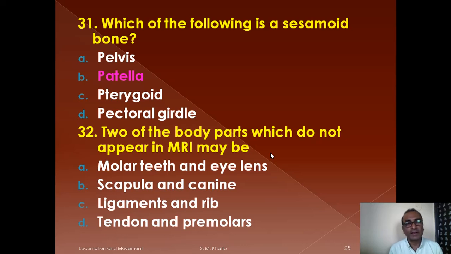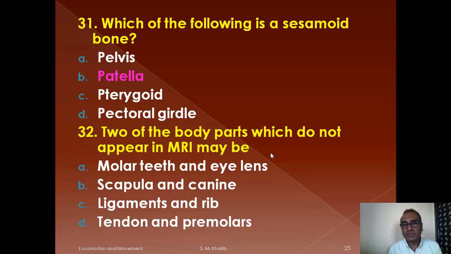Understood? So that's why two of the body parts which do not appear in MRI may be, out of the given options: A, molar teeth, and eye lens. Eye lens is soft tissue, it can be seen. Teeth, bony part, cannot be seen. Then scapula and canine. So scapula is also bone, and canine is also bone.